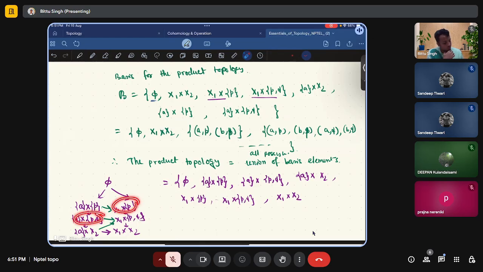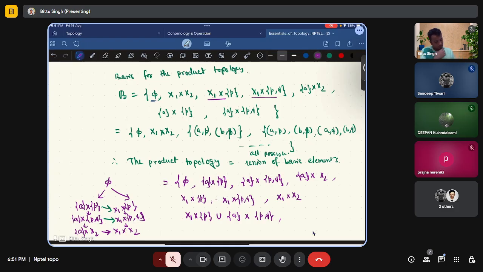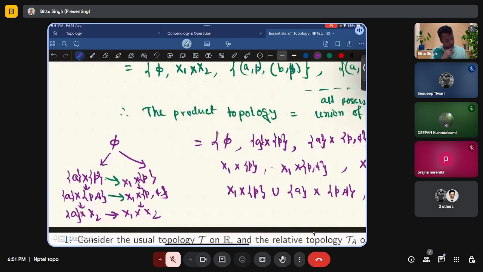Those two are in diagonal position, so there is no relation, because this is not contained here and vice versa. So this kind of union should be there. So we need to take X1 cross P union A cross Q. Sorry, this is not true. This diagonal direction is not true.